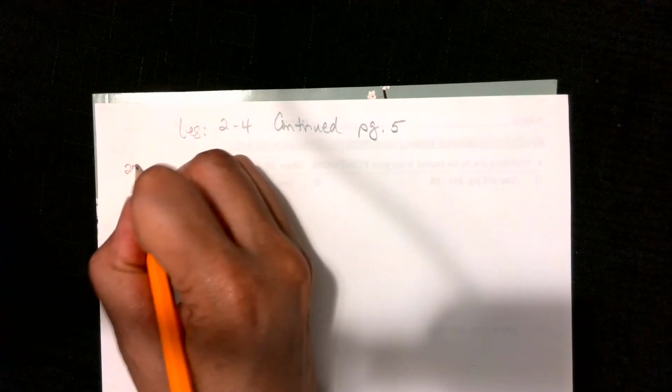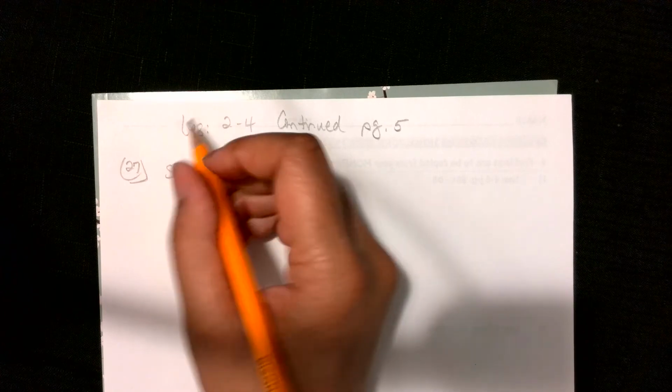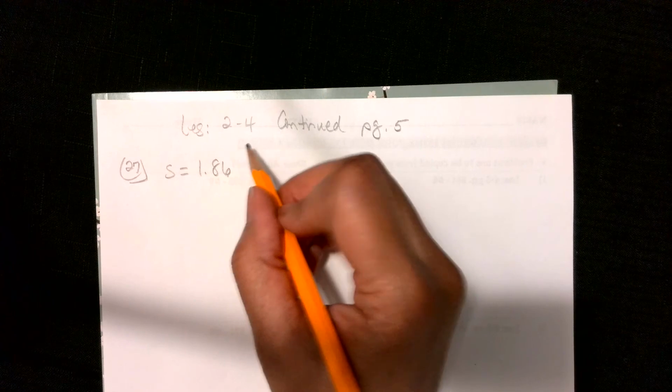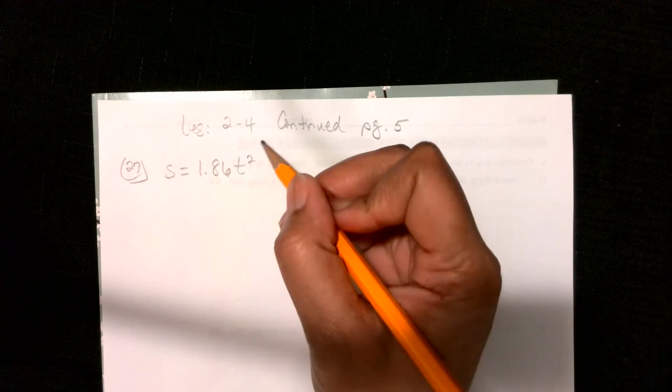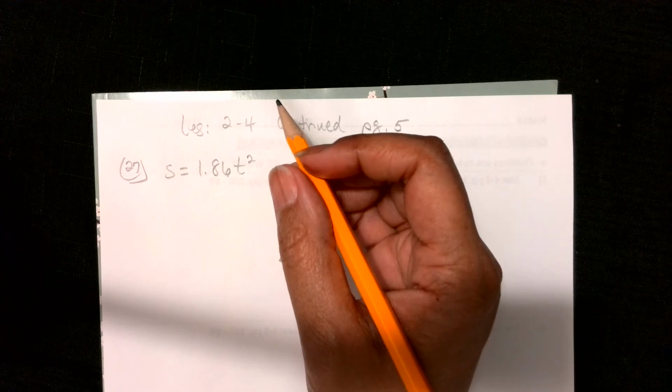Alright, so the next problem you all wanted to see was 27. Alright, so it says free fall on Mars. The equation for free fall at the surface of Mars is S equals 1.86 t squared meters with t in seconds.